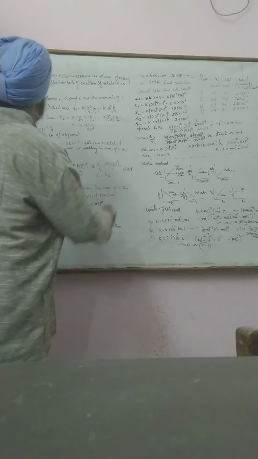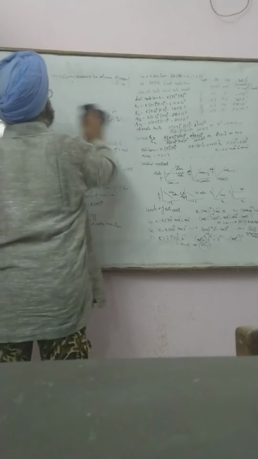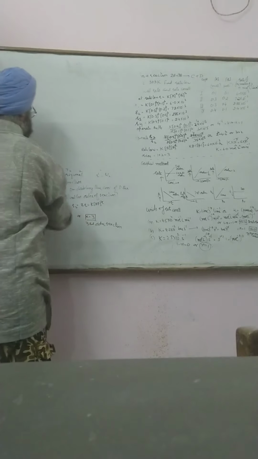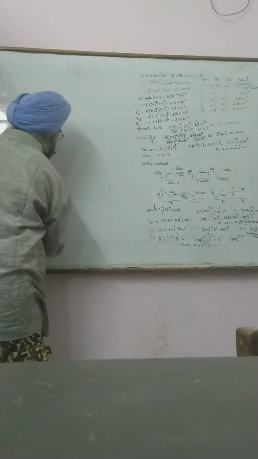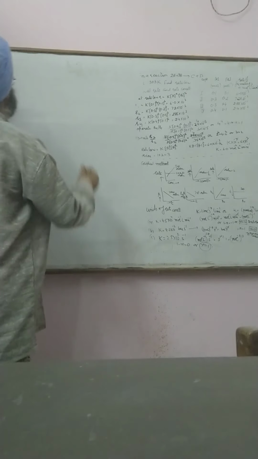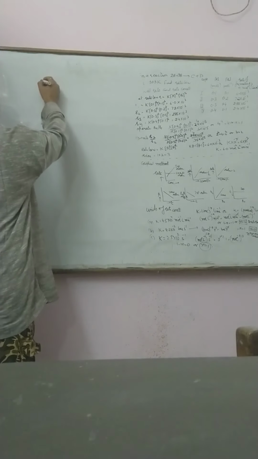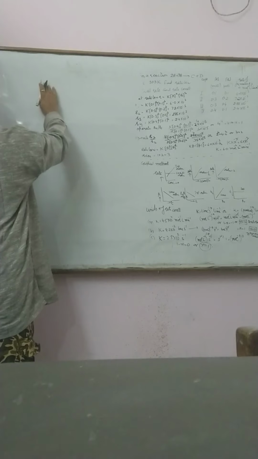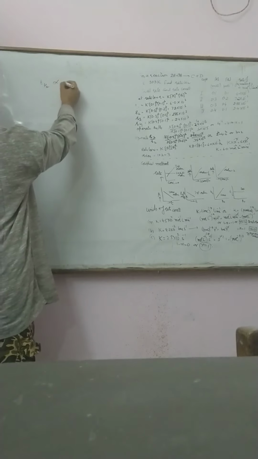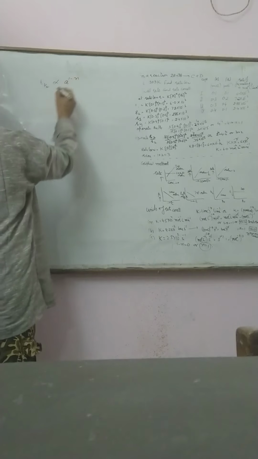And the last case is from the half-life period. We know that for nth order, T half is proportional to a raised to 1 minus n.